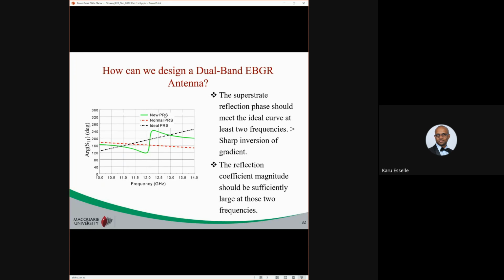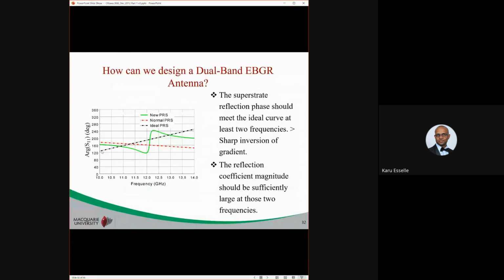We have to design a partially reflecting surface with the phase that goes like this. Going down versus frequency and then jump or increase and then going down again.